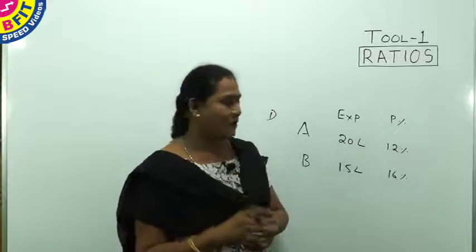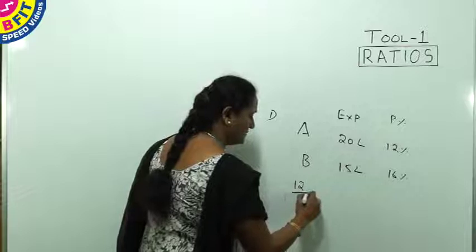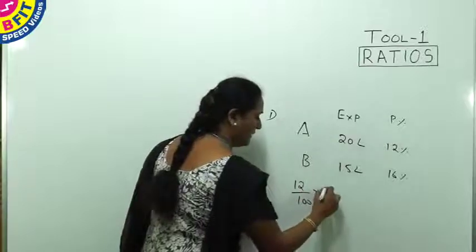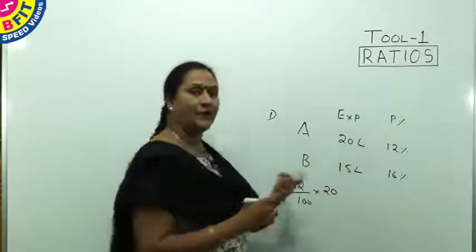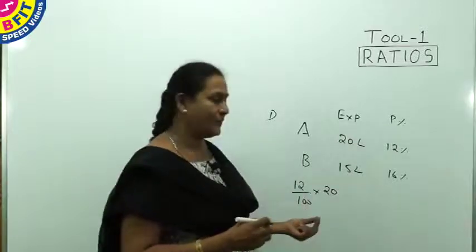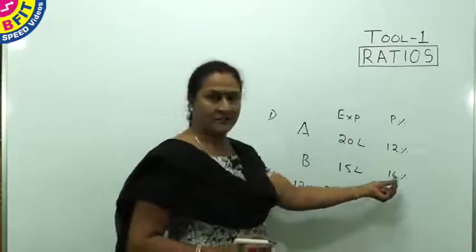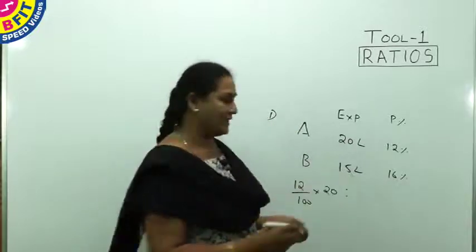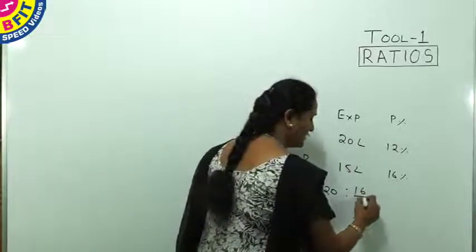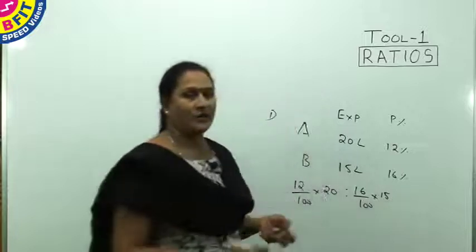So instead, just write 12% of 20. Instead of finding 12% of 20, just write it in this format. 12% of 20 is to the profit of B, that is 16% of 15 lakhs. Now what will be the ratio?